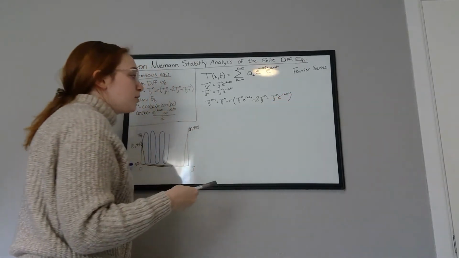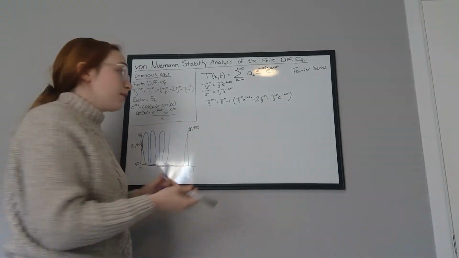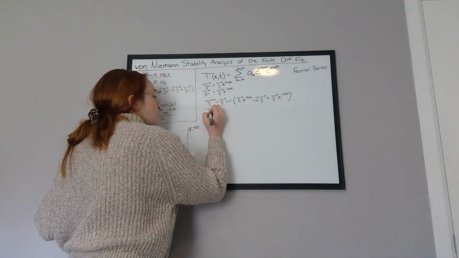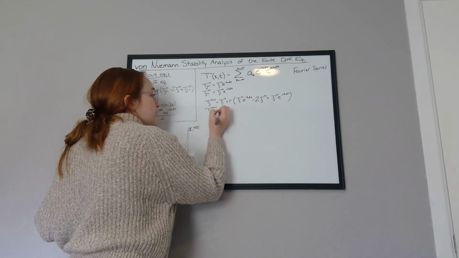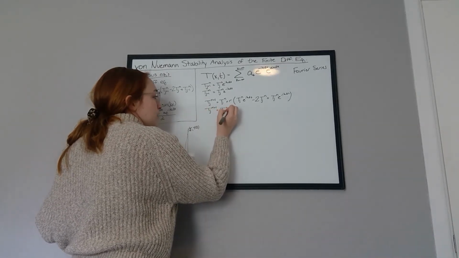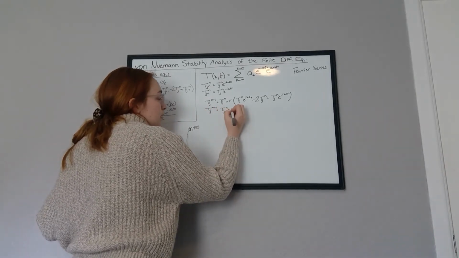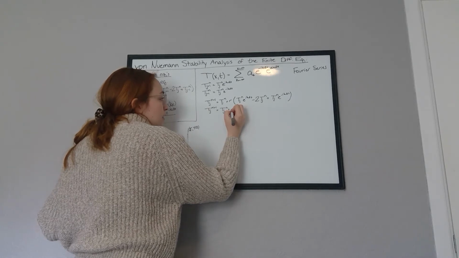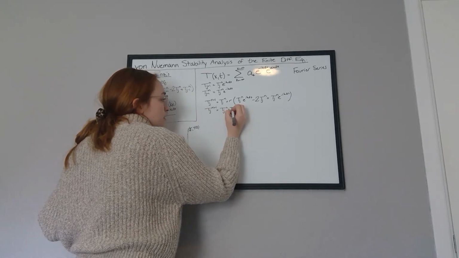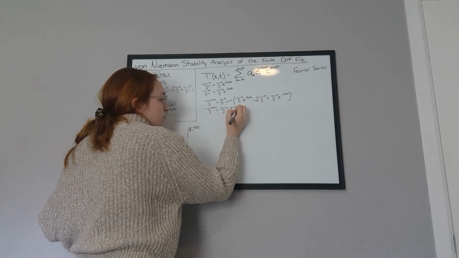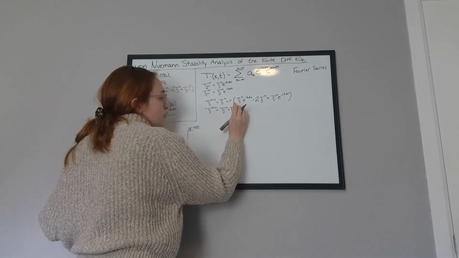And then from here, we're going to use some algebra to further simplify. We're going to pull out the T j n term. That's an r.